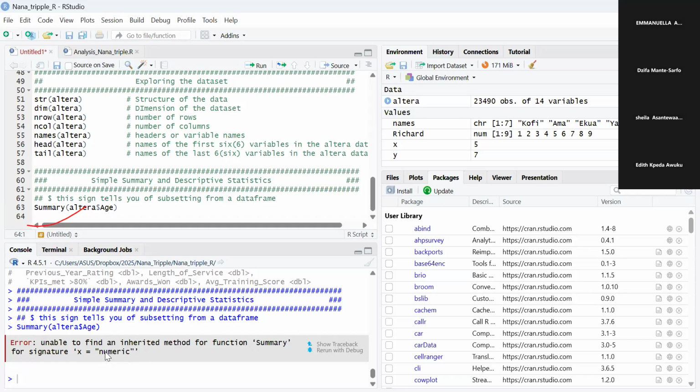I repeat, we are getting that because there is an element in the data set which is not numeric. So how do we overcome it?